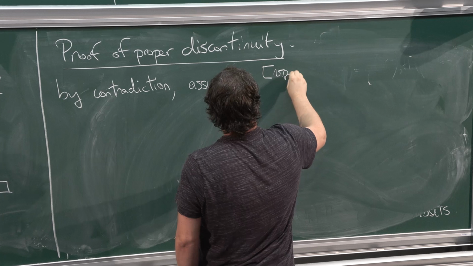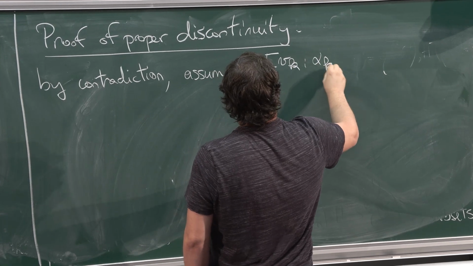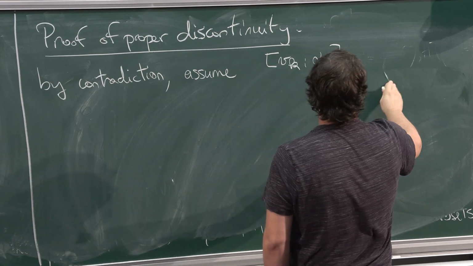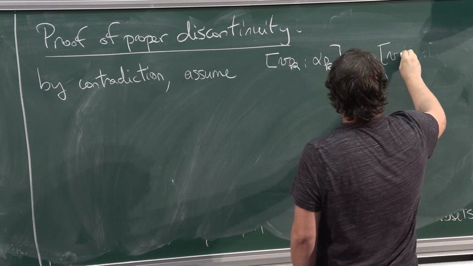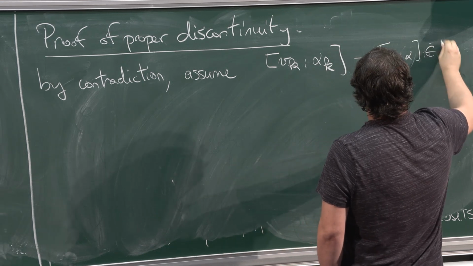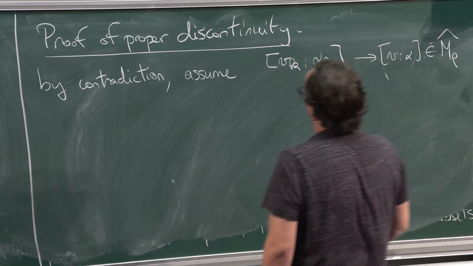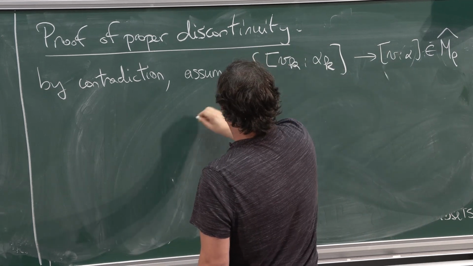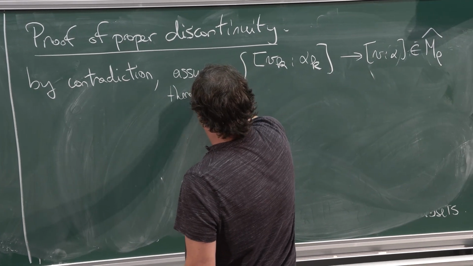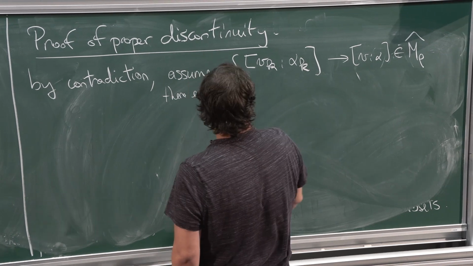So first of all, you have a sequence, say vk alpha k, converging to some v alpha in M rho hat. So assume there exists all this stuff.